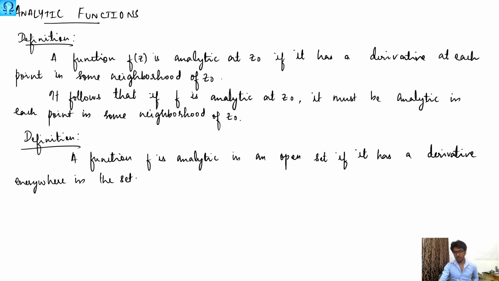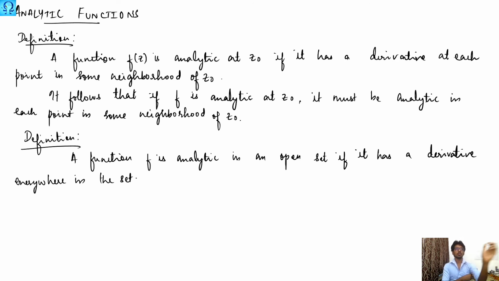Now I would like to recall a concept that we have seen in the course on real analysis. That is, if a set is said to be open, all those points of the set have to be interior points. By interior point we mean we must be able to identify some neighborhood which is completely contained in the set.